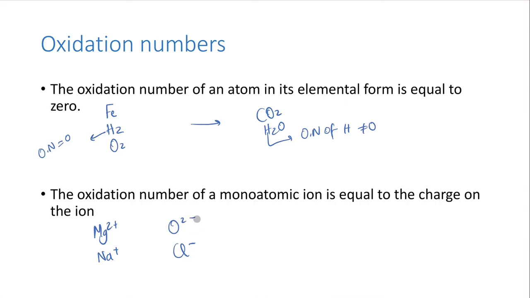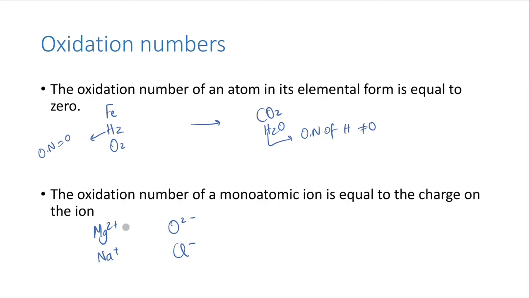The oxidation number of oxygen in O2- is equal to -2, the charge of the ion. The oxidation number of magnesium in Mg2+ is +2. The oxidation number of sodium in Na+ is +1. The oxidation number of chlorine in Cl- is -1. So this is how we calculate the oxidation number of monoatomic ions.